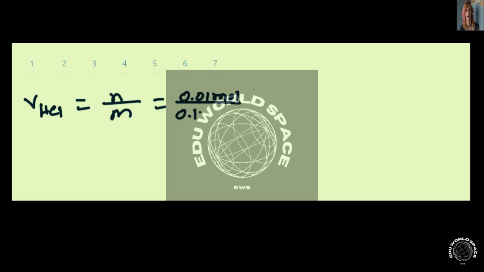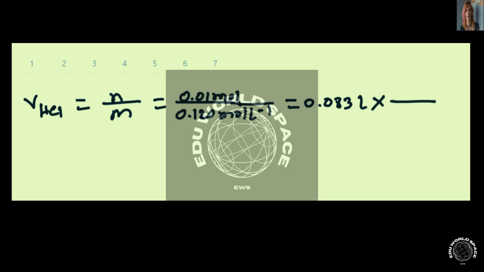So we will write it as 0.120 mole per liter, and this will give us a value of 0.083 liter, and we need to find out the answer in milliliter.